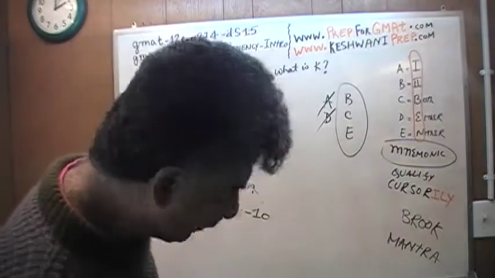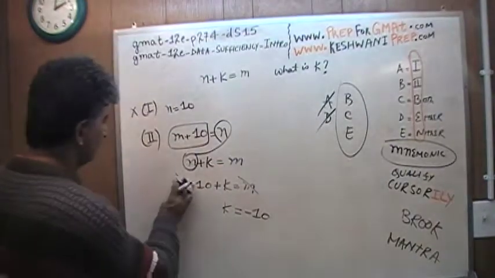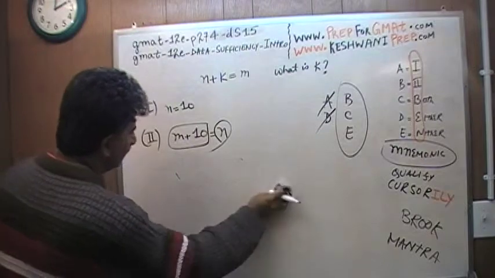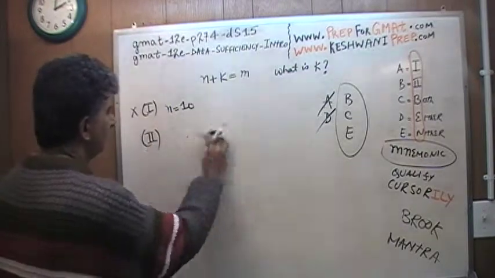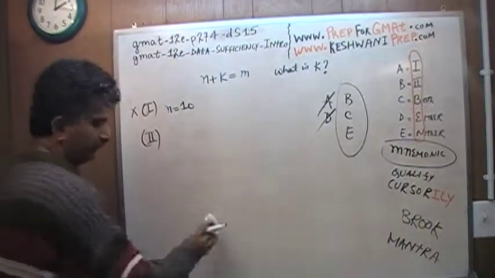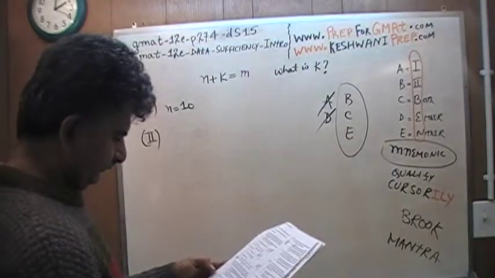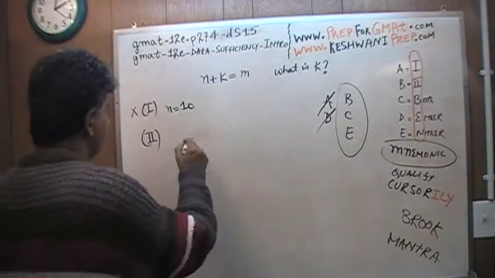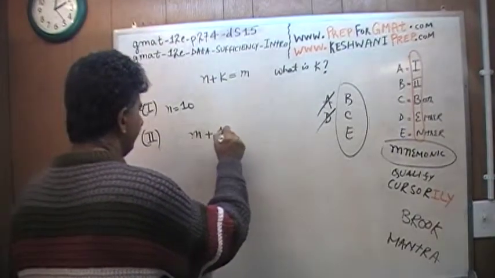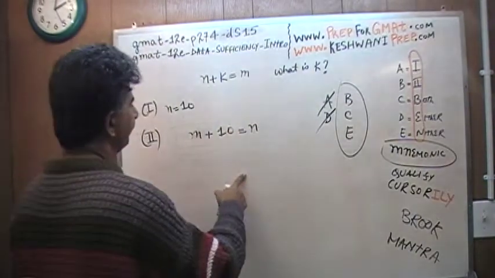Again, I'm going to do it one more time without all this mumbo jumbo here, because I made it too crowded. Let's look at the second statement one more time. The second statement tells me m plus 10 equals n.